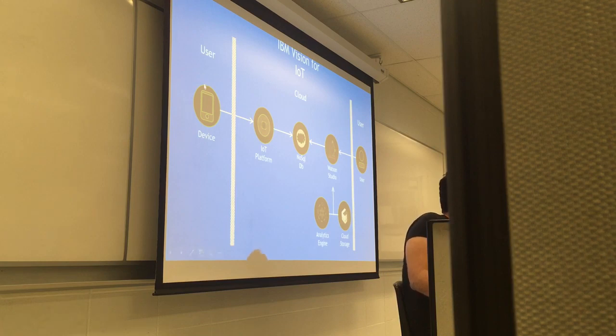In this vision, we have a device that has some sort of connection, which is this arrow here. They don't even specify the connection because they probably support several types. Then you use their IoT platform service. With that service, you can connect directly to a NoSQL database. They suggest NoSQL because those devices might change over time, and the data might change as well.